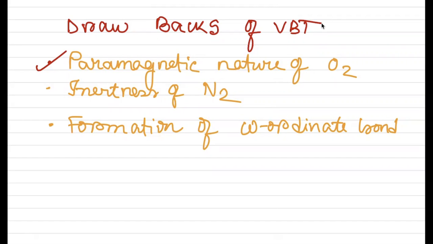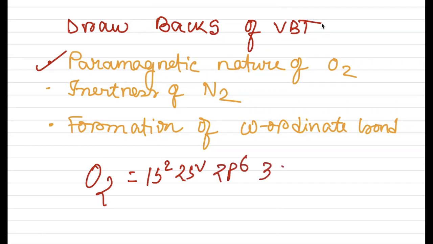But according to VBT, if I consider oxygen, what is the configuration? 1s2, 2s2, 2p6, 3s2, 3p4. That means 16 electrons, that means 8 pairs.